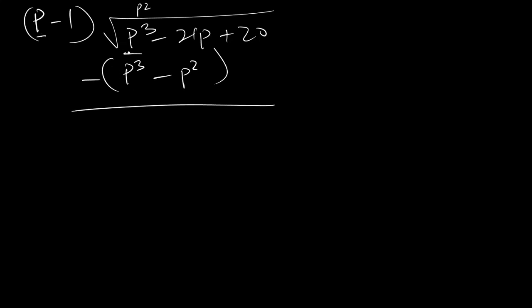If you subtract, this one will cancel out, and minus times minus p squared gives plus. So now you will have plus p squared minus 21p plus 20. So p divided into p squared, you have plus p. Plus p times p will give you p squared. Plus p times minus 1 will give you minus p.